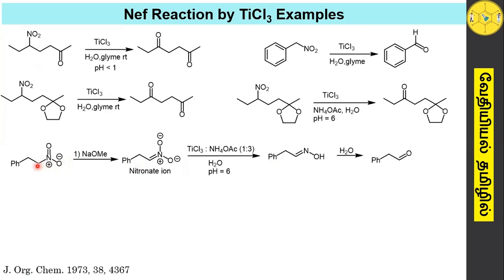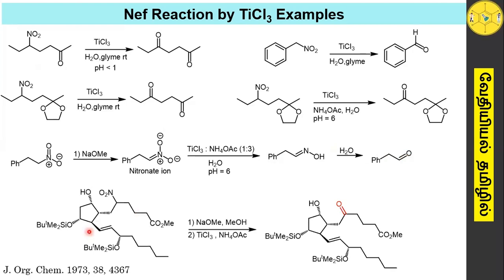So here you see this sodium methoxide base readily takes the proton from this side, producing the corresponding nitronate ion. This nitronate ion readily undergoes our Nef reaction condition, producing the corresponding oxime product, which further undergoes hydrolysis to produce the corresponding carbonyl compound. So this is another example of a nitronate ion converting to the corresponding carbonyl compound.